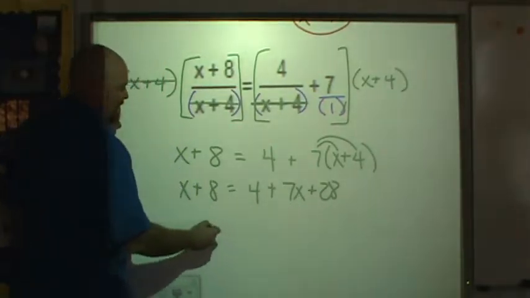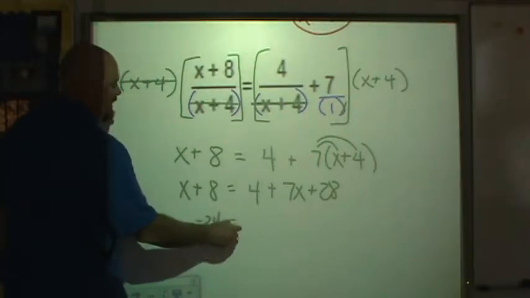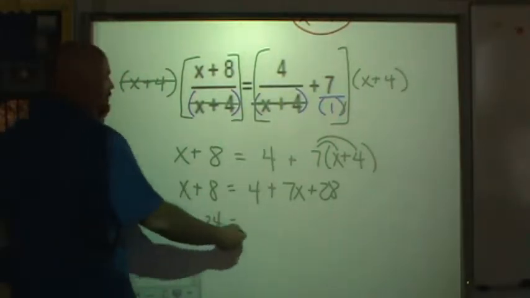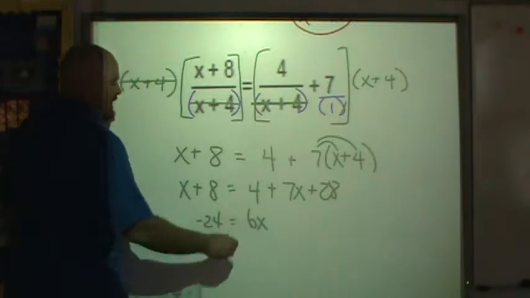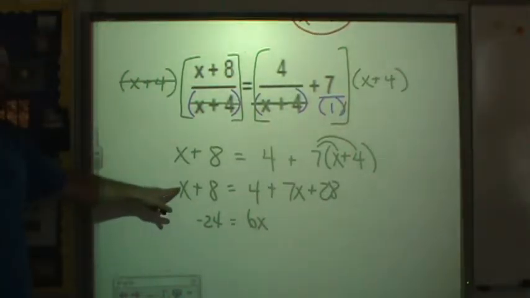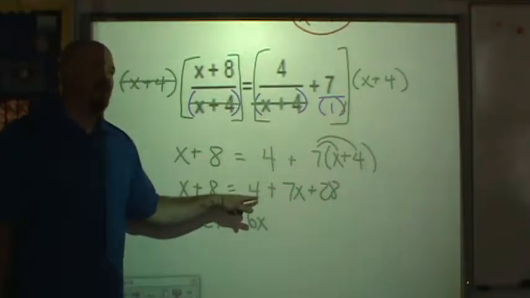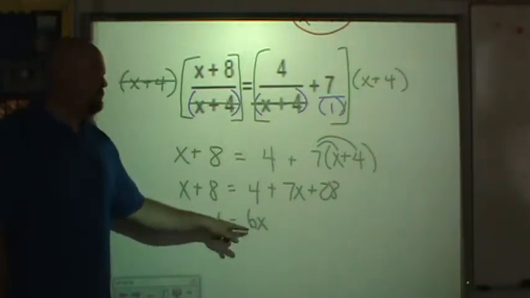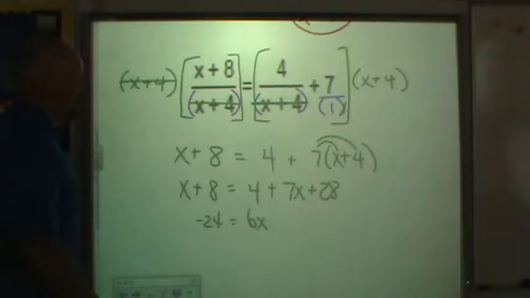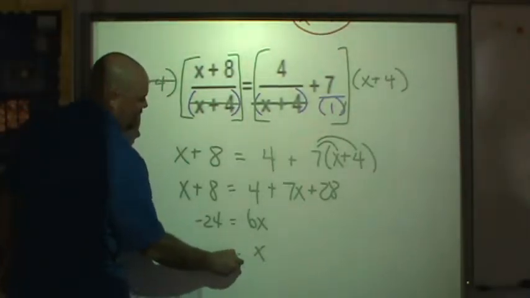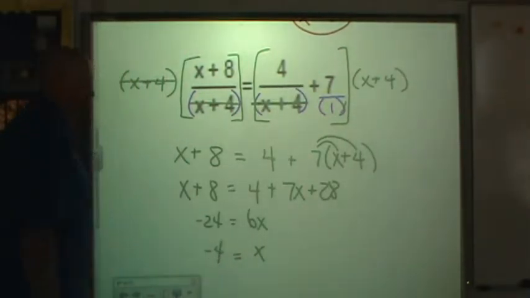I'm going to subtract that over to here. So I have negative 24 equals 6x. When I move this x over, that's 6x. 32, and I have to subtract that from both sides, I get negative 24. When I divide by 6, I get x equals negative 4.